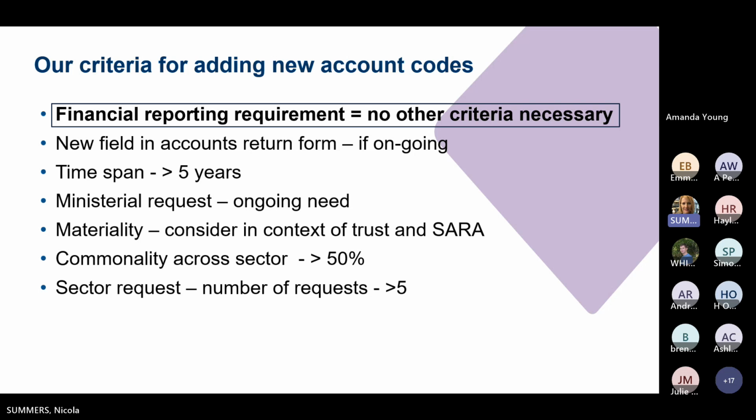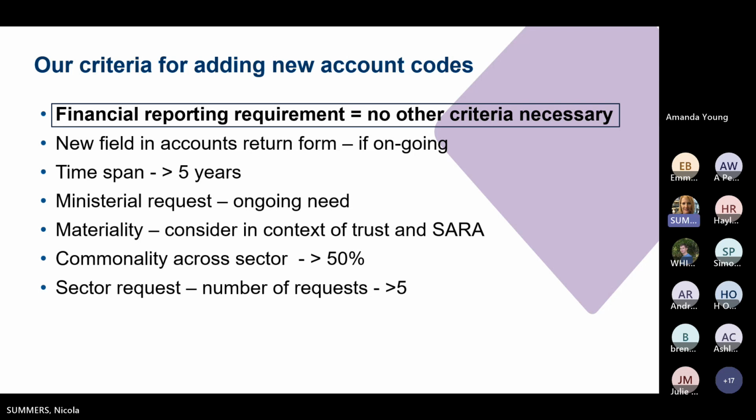But actually, if it's something that was going to be material in the context of financial reporting to trustees, etc., then we would also add an account code. If it is quite common across the sector, if there's quite high usage of a certain area of income or expenditure, then we definitely look to add that. So last year, for example, we added income codes for nursery and wraparound services.